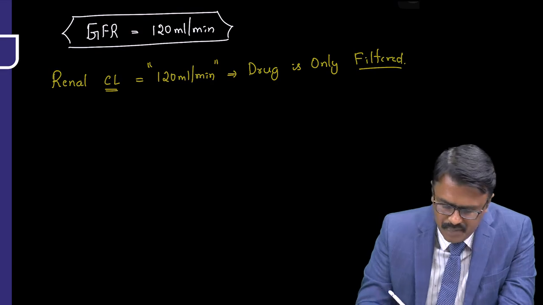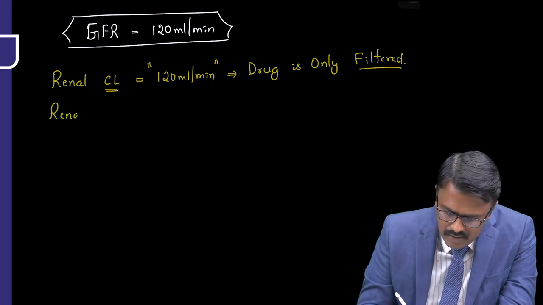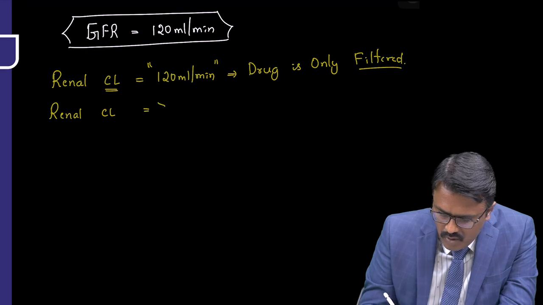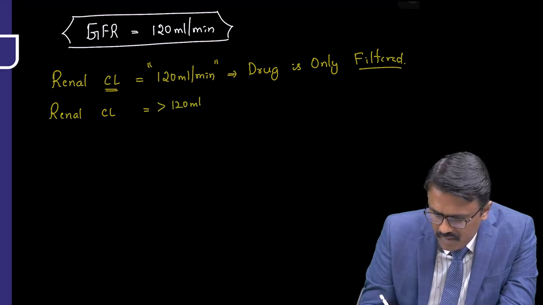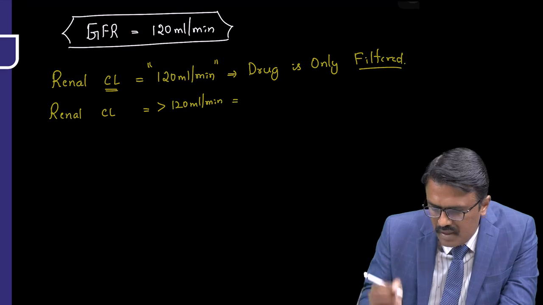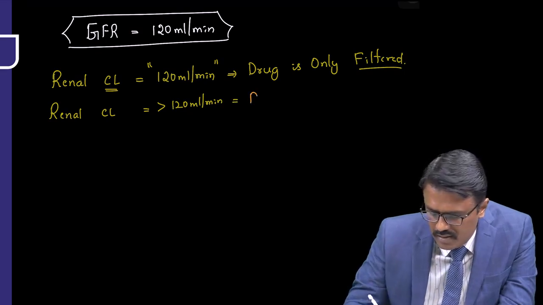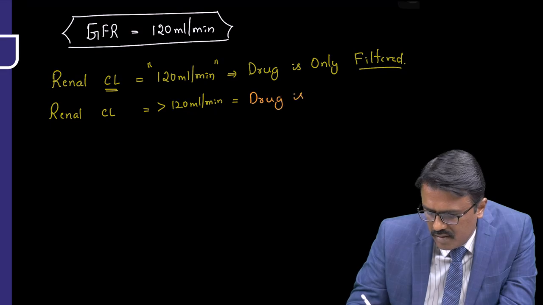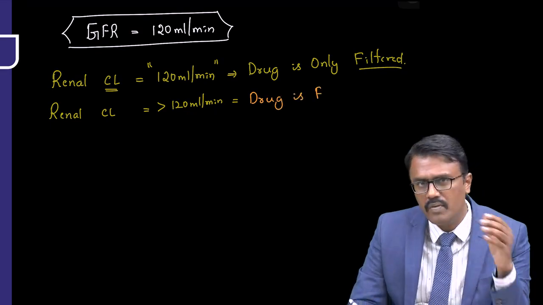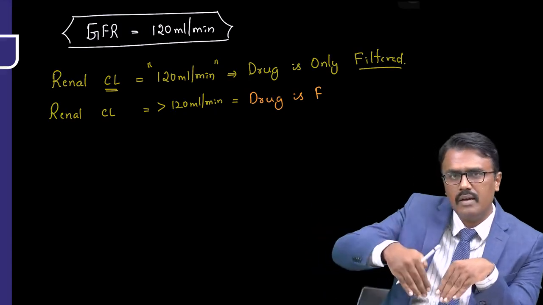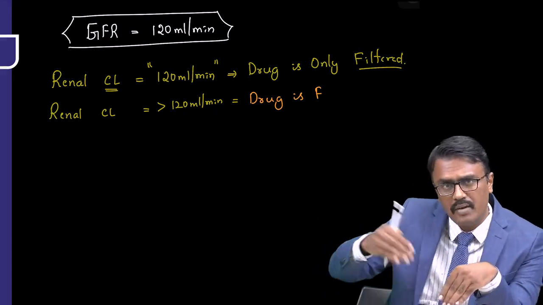If the renal clearance of the drug is more than 120 ml per minute, that means the drug is filtered, so 120 ml is coming, and along with that some more drug is also being added by secretion.